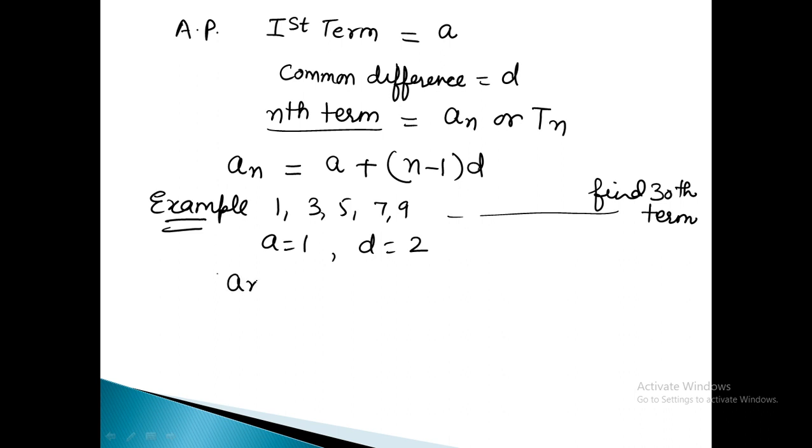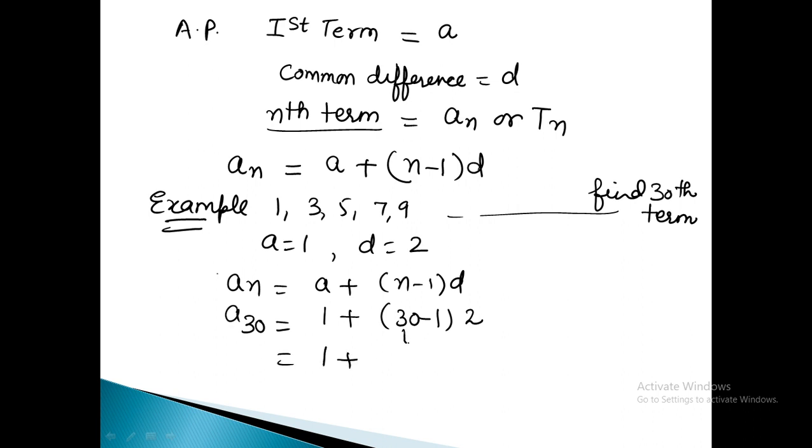Then we will use this formula: AN is equal to A plus (N minus 1) D. A30 is equal to 1 plus (30 minus 1) times 2, that is 1 plus 29 multiplied by 2. Sorry, 2 9s are 18, 2 2s are 4, plus 1, 59. So 59 is the 30th term in this series.